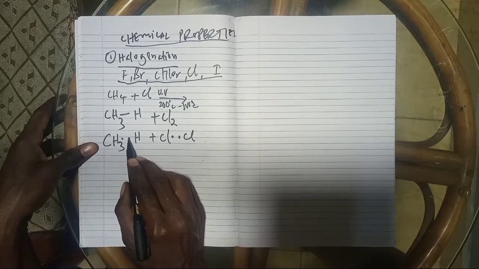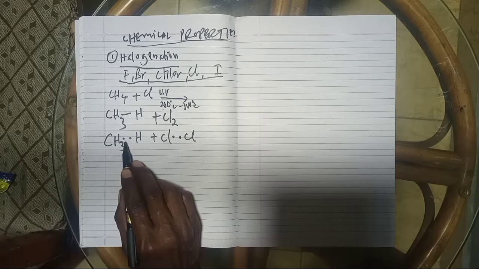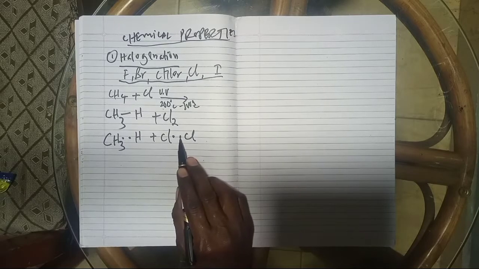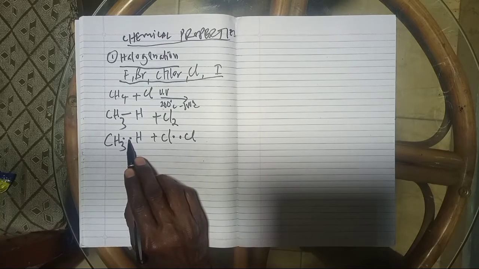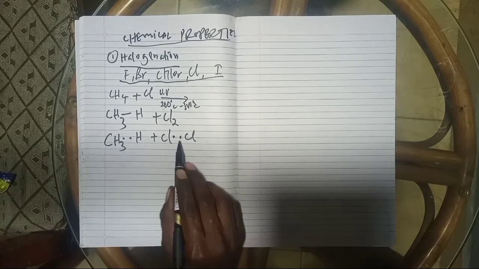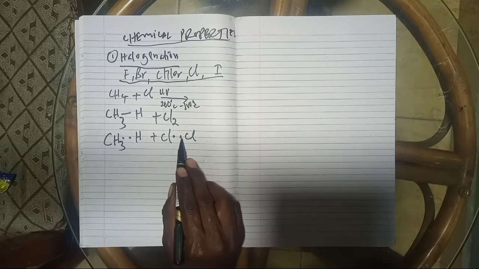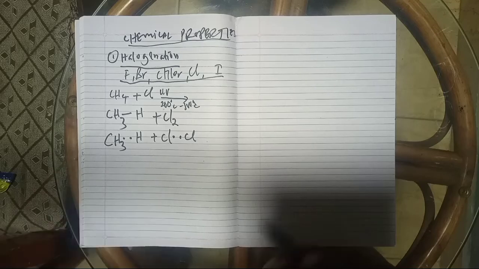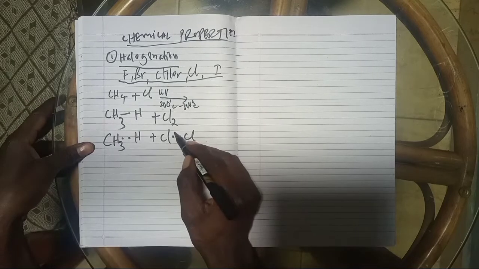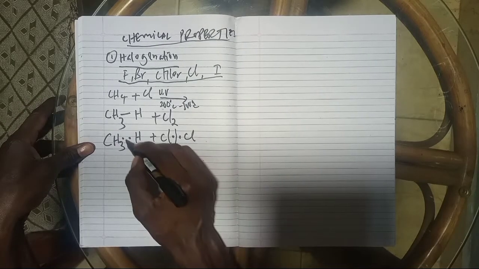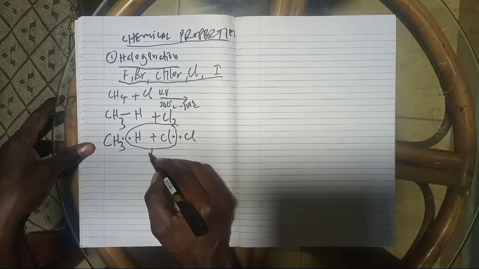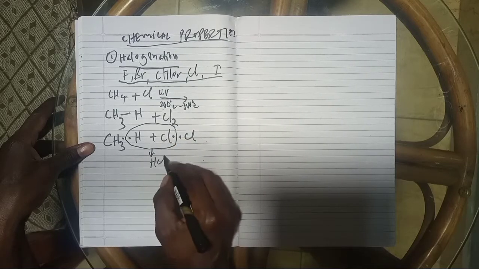So here we have one bond that is made up of 2 electrons, and here we have one bond which is made up of 2 electrons, and here we have 2 electrons which form one bond. Now this electron and this one together will form hydrogen chloride.